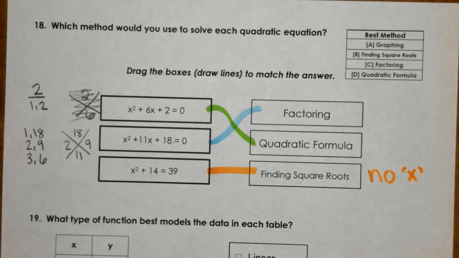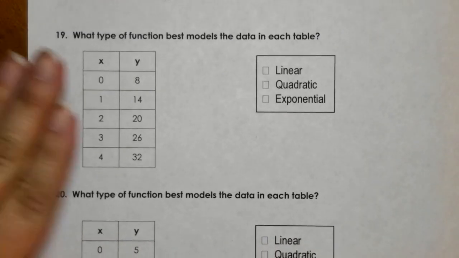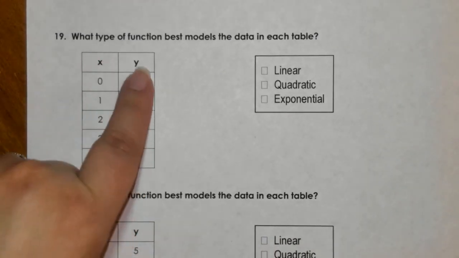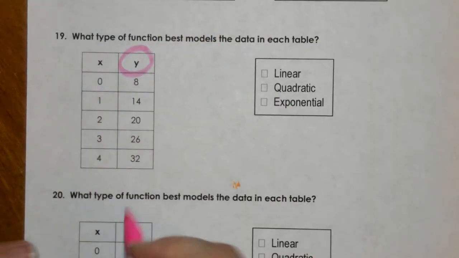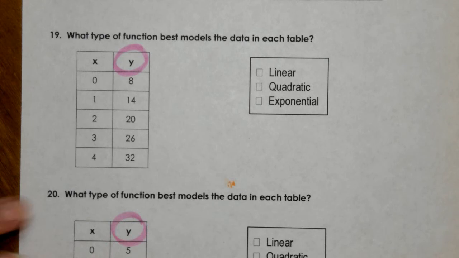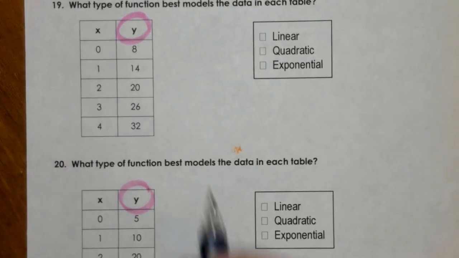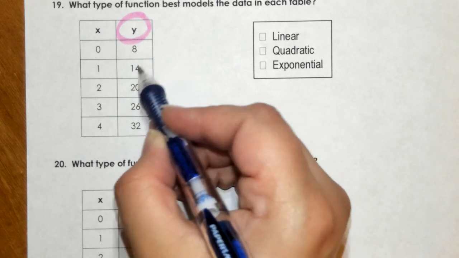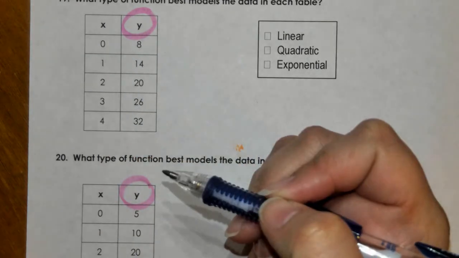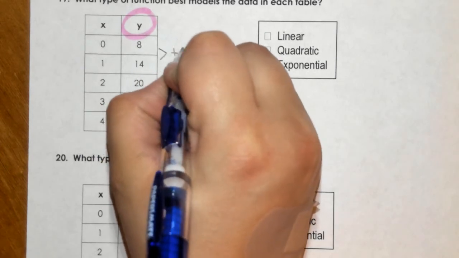Okay, last but not least, for number 19 and 20, you have to figure out what pattern exists here in the y's. So for this particular one, we're looking at the y's. From 8 to 14, could I take 8 times something to get 14? No. Could I add? Yes, I could add 6.